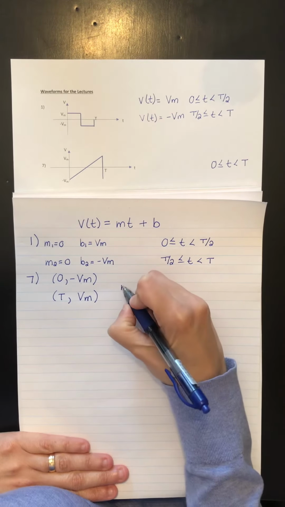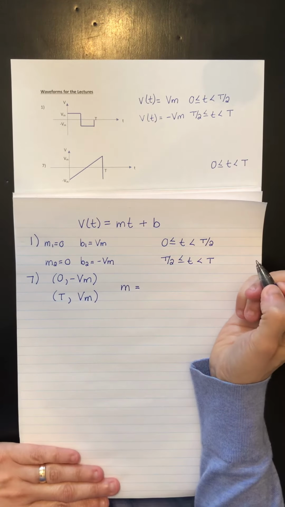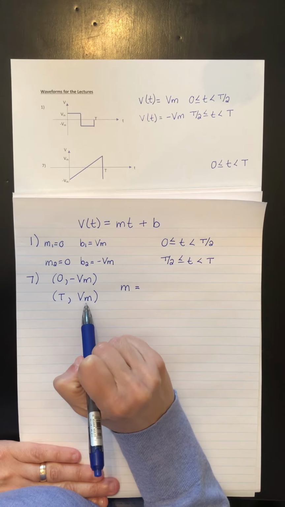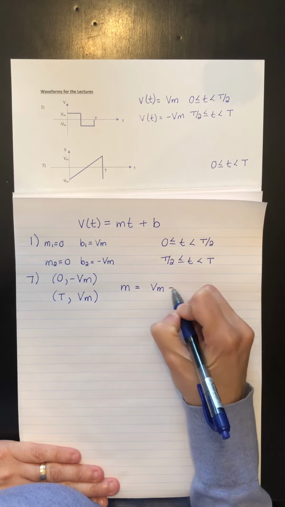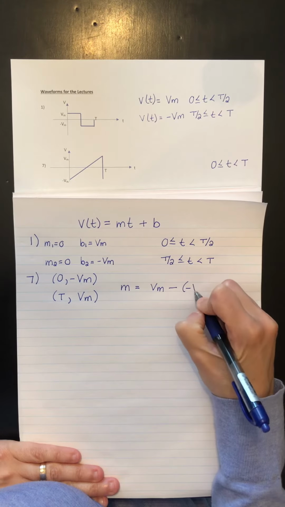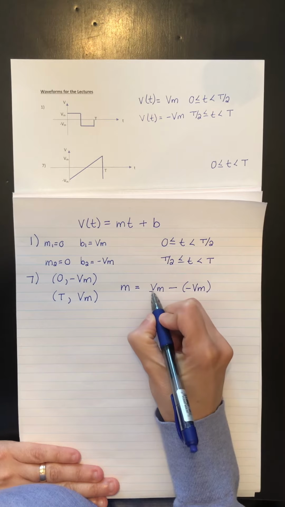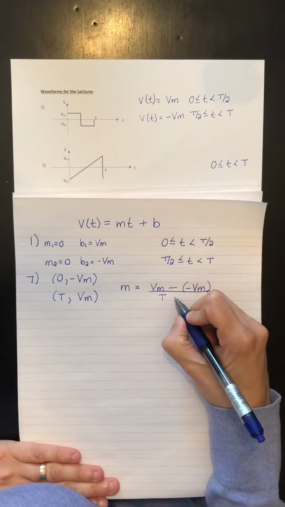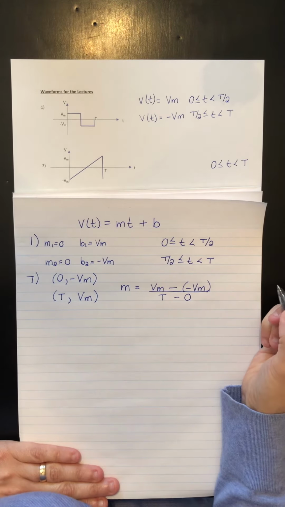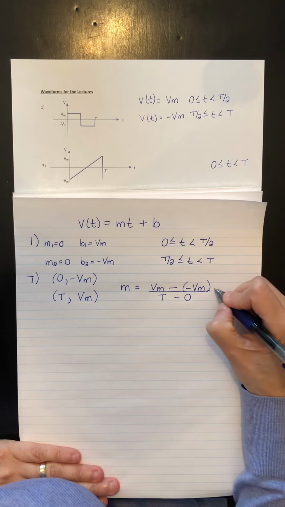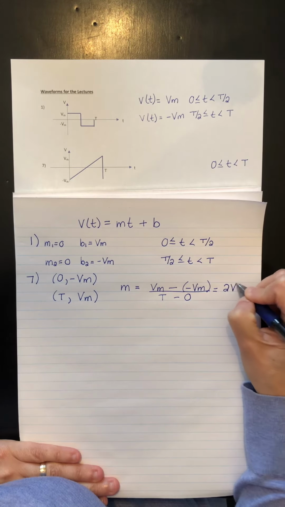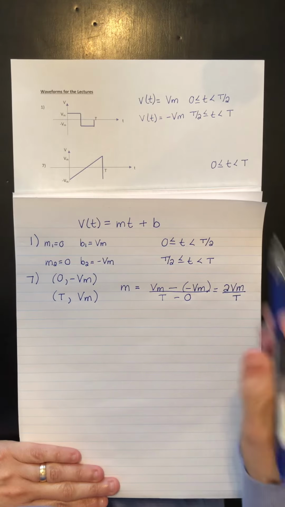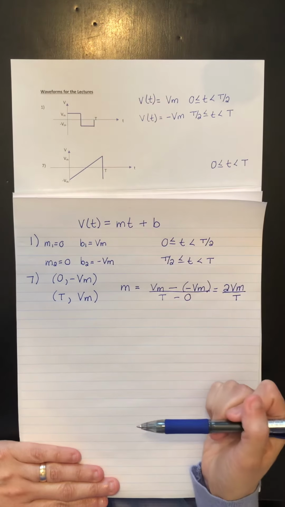And from there we can calculate the slope. The slope will be the rise over run. So we can do V max minus a negative V max. That would be our rise. And the run would be capital T minus 0. So what does this give us? This will give us 2 times V max over capital T. So this represents the slope of the straight line.